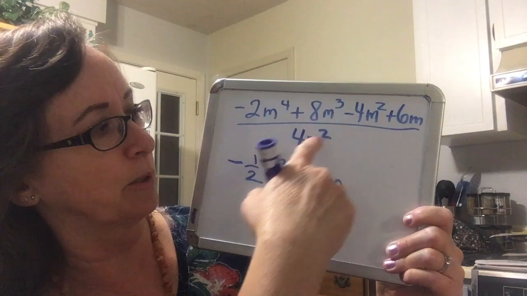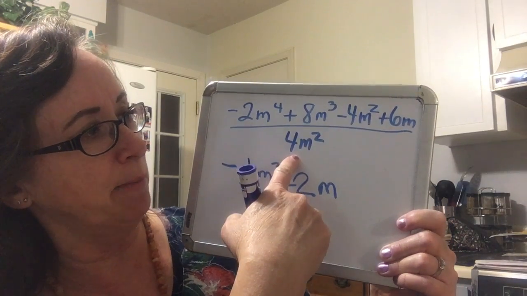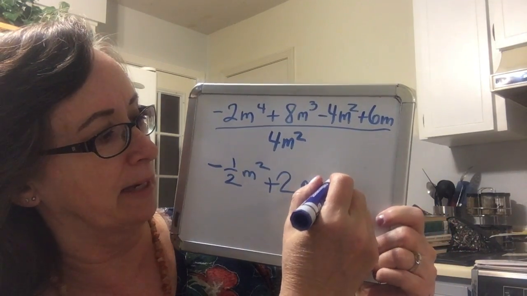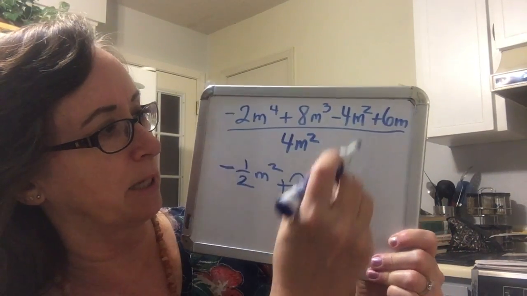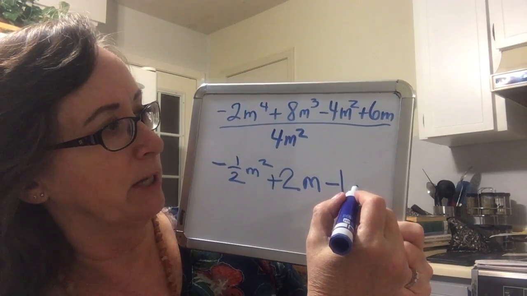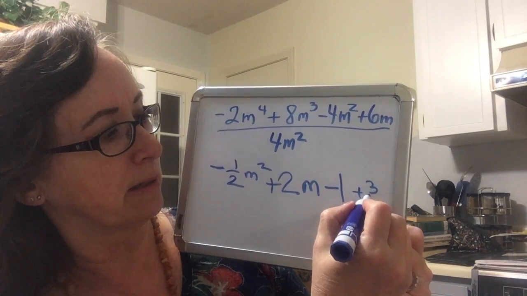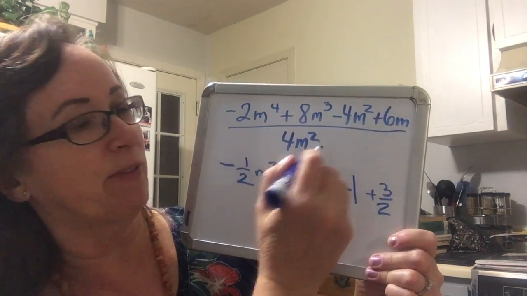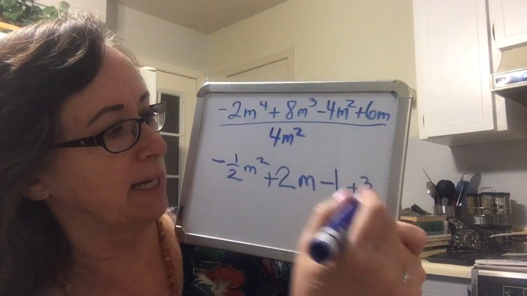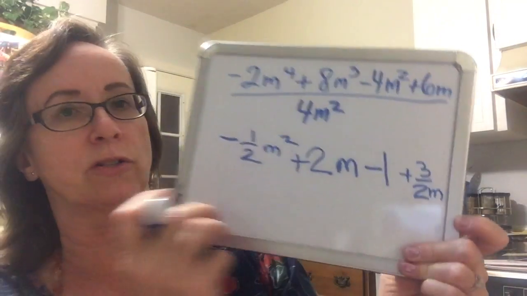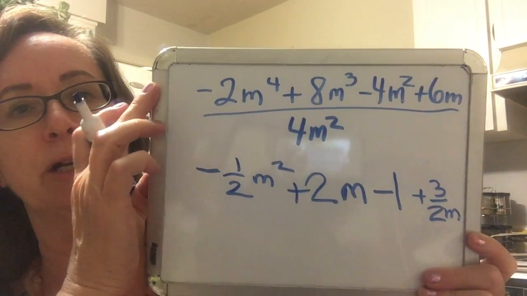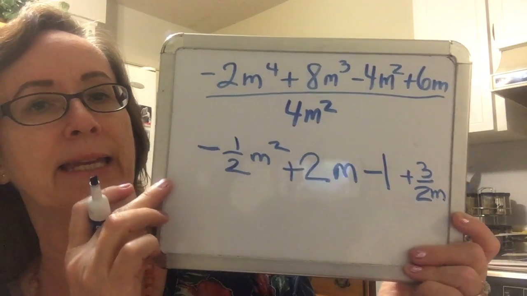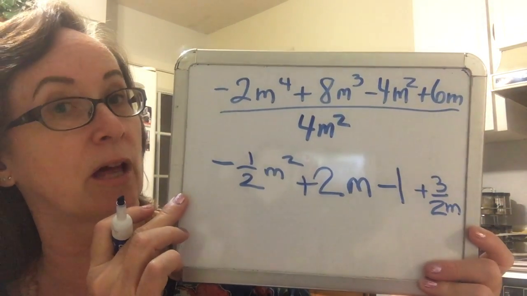The third term is the same as the denominator with a negative, so it'll be a negative 1. And the last term is going to be 6/4, which is 3/2. And then m divided by m squared is an m downstairs.